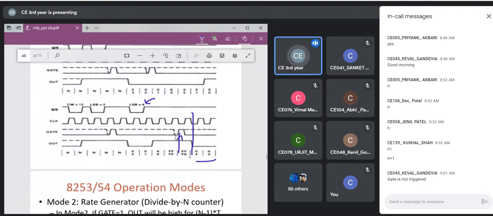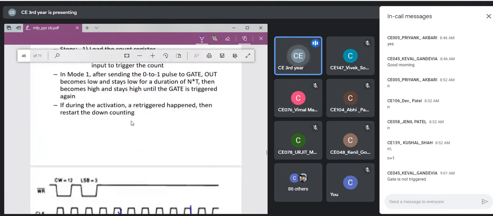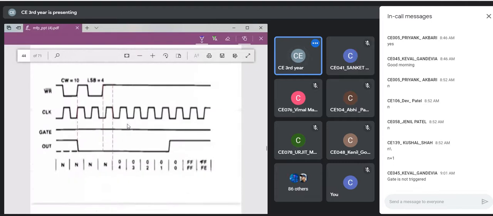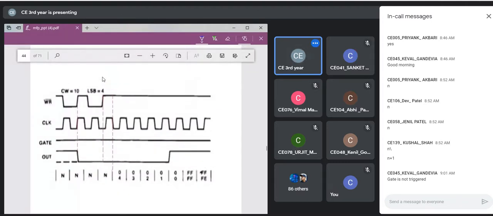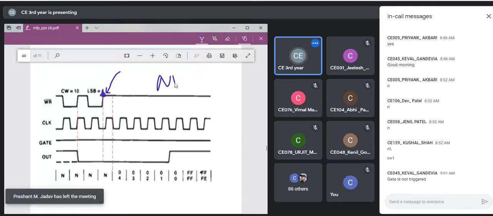Now, for how many clock cycles does out remain low after getting triggered, in the actual operation? See, when your operation starts and your job gets over, your 8086 job gets over at this point.